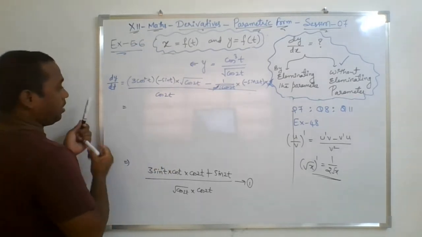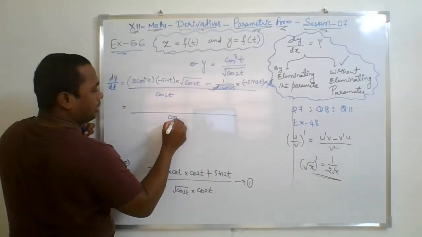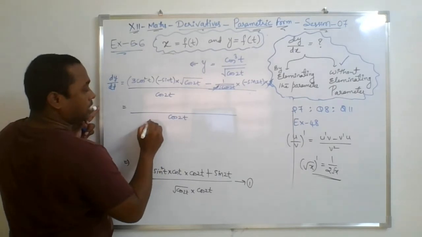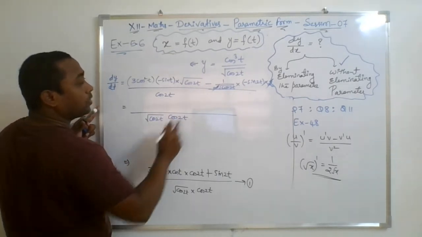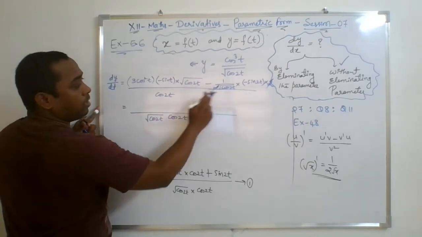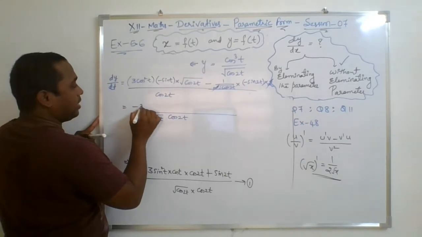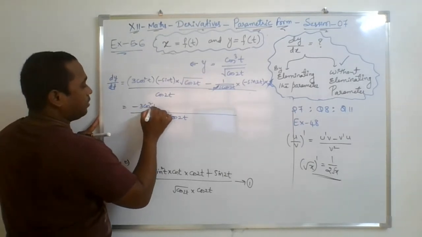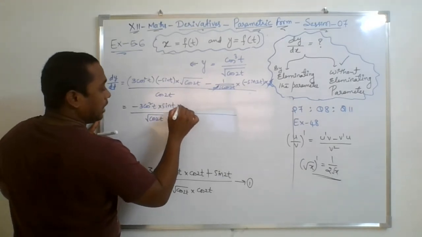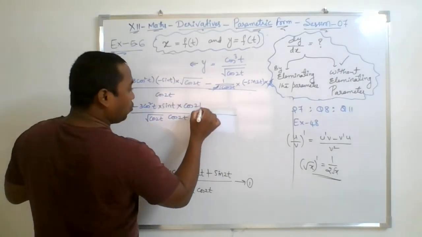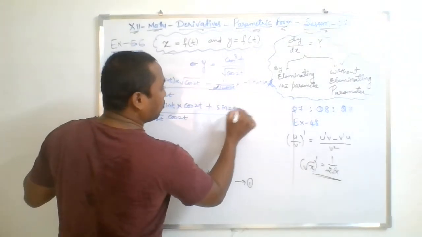So finally, what we are going to get as dy by dt: cos 2t is there already, so under root, cos 2t will come in the denominator, and this will be multiplied and the square root gets cancelled, minus 3 cos square t into sin t into cos 2t plus sin 2t.